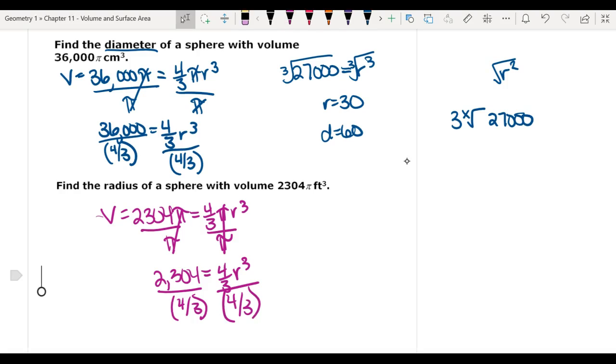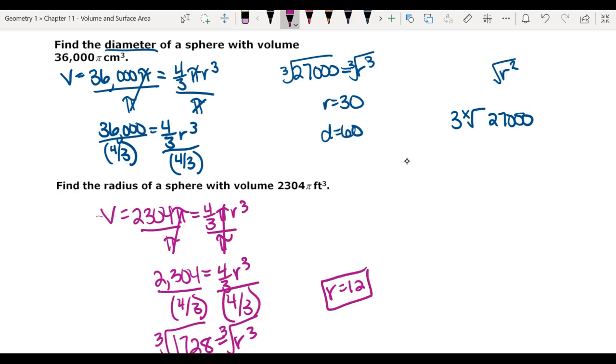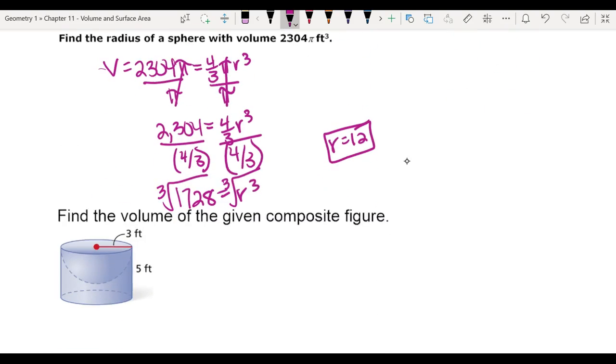Okay, anytime you divide by a fraction, it should go in parentheses when you divide. When you do that, you get 1,728 equals r to the third power. So you would cube root each side to get r is 12. Okay?